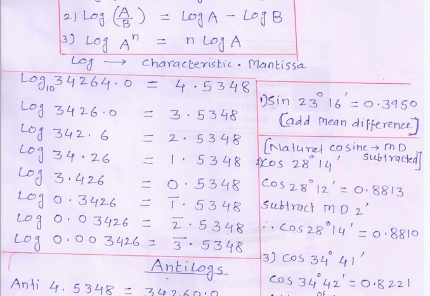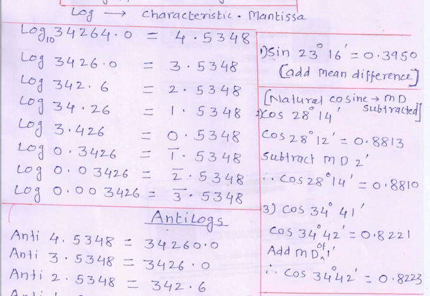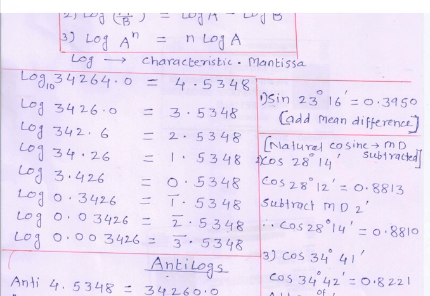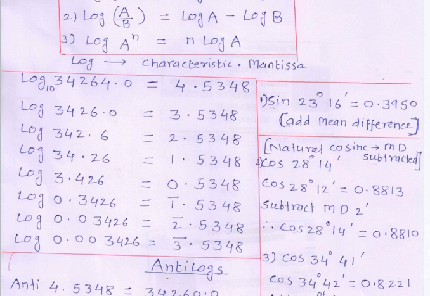In this way we can find the log of any number which is greater than 1. So what is the rule for logs of numbers greater than 1? First we find the characteristic: count the number of digits before the decimal place and subtract 1. Then introduce the decimal, and continue to find the Mantissa part.